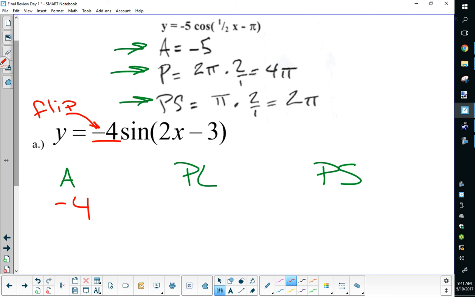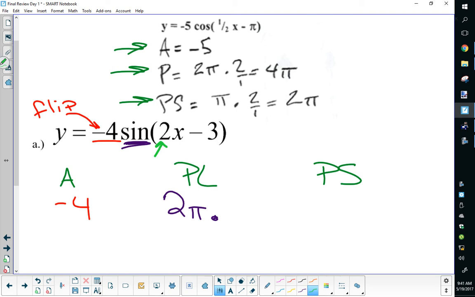Next thing we're going to do is period length. We start with our base period length. So when we think sine, Taylor, what's our base period length on a sine graph? 2 pi again. More than likely it's 2 pi, times the reciprocal of whatever's in front of our x. So Jamu, what's in front of my x here? 2.